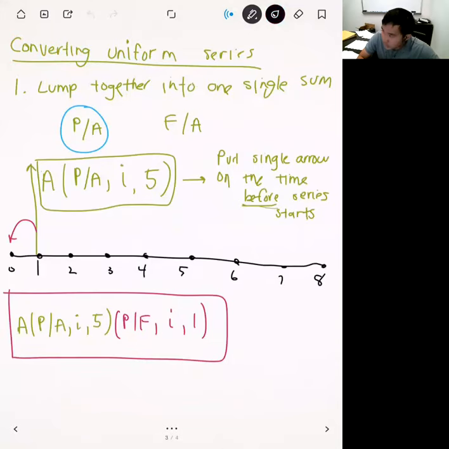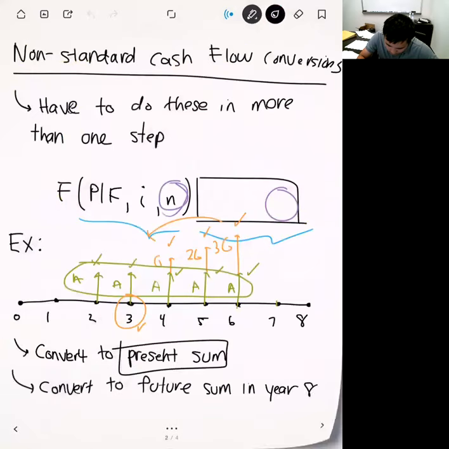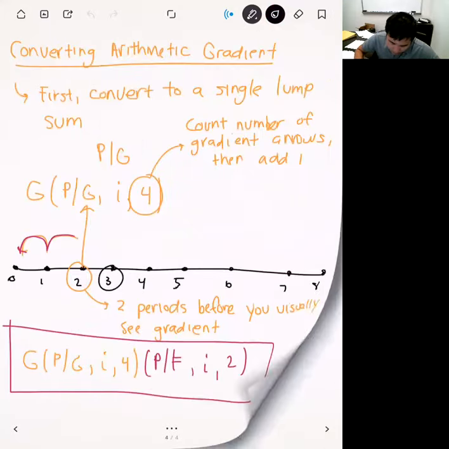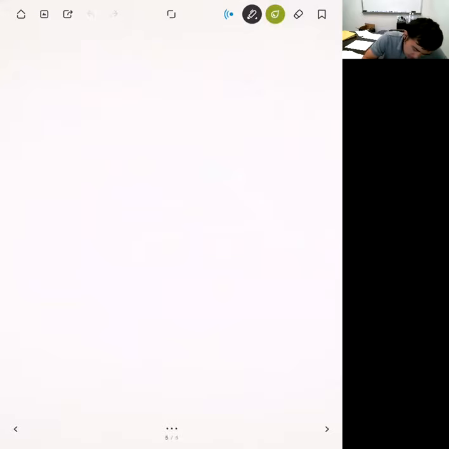And so now I did these two parts kind of slow, right? And so let's do the next part of this problem where we convert it to a future sum. Okay. In year 8, and let's go just a little bit faster. All right, so now we're back to green. Okay, so we're going to convert uniform series to future sum in year 8.